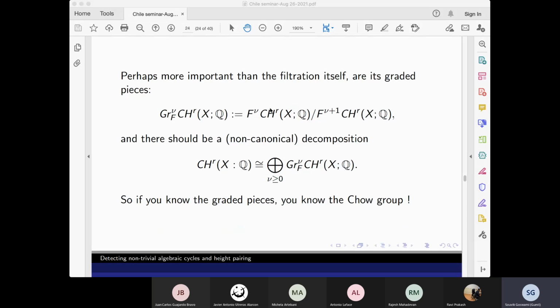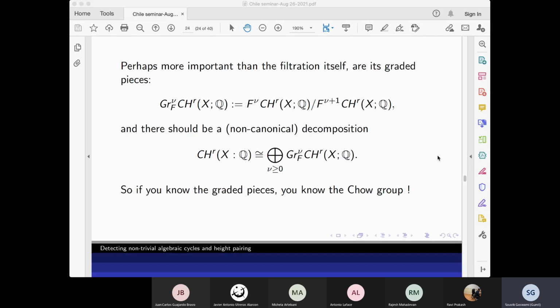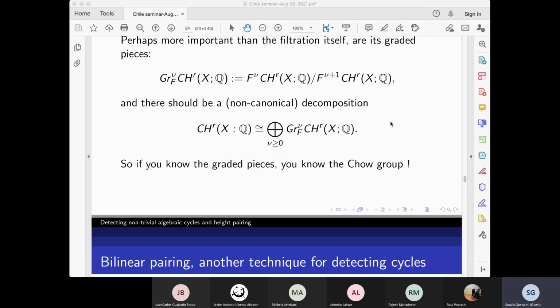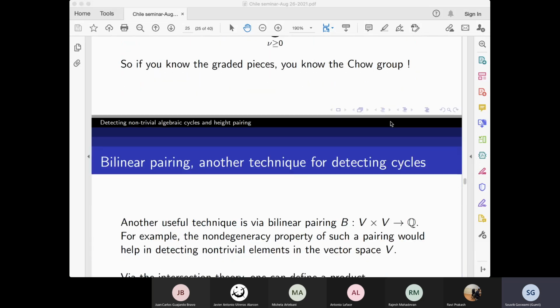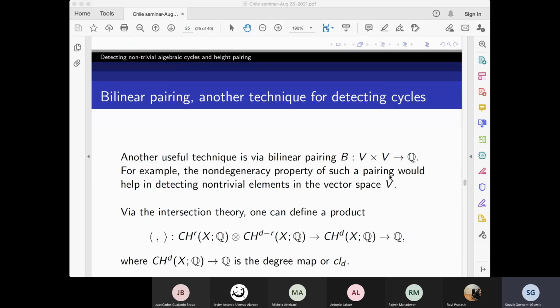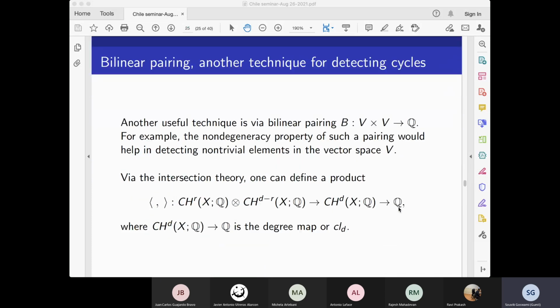So you can know the filtration modulo the next piece, but not the whole filtration. Anyway, more or less everything is conjectural, with some examples.